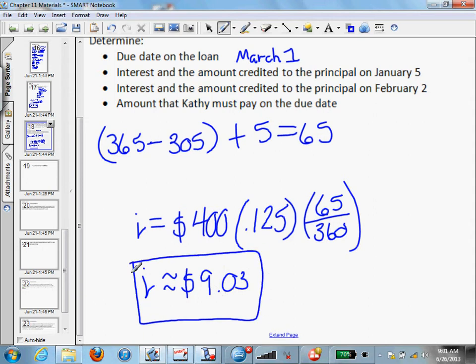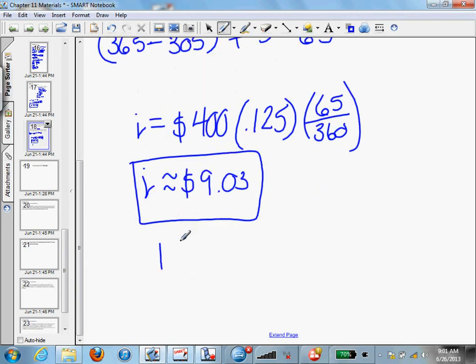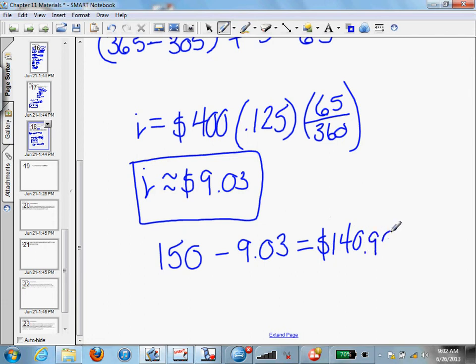The interest of this amount is due January 5th and is deducted from the payment of $150. The remaining payment, you take the $150 and subtract the $9.03, and you get $140.97.